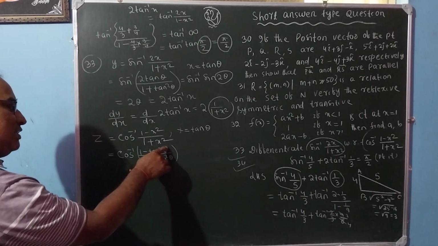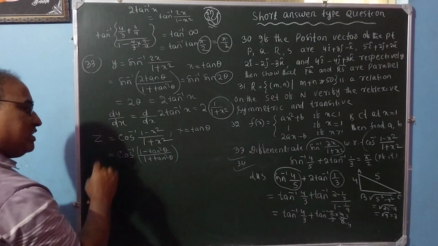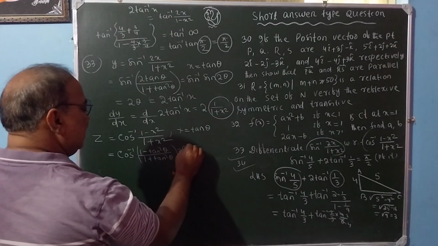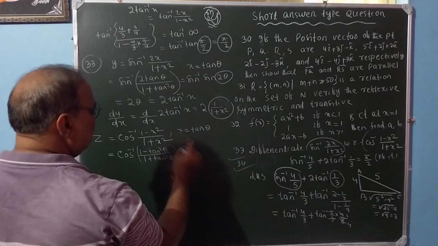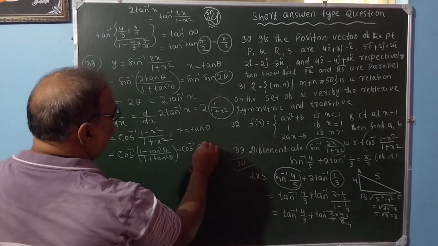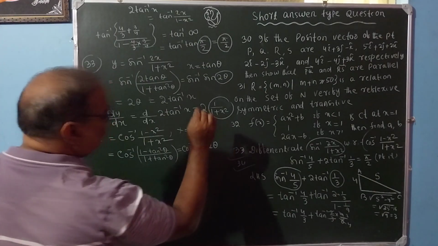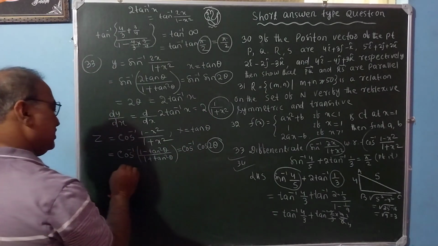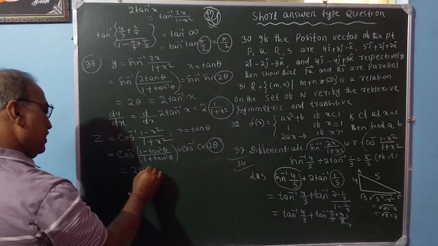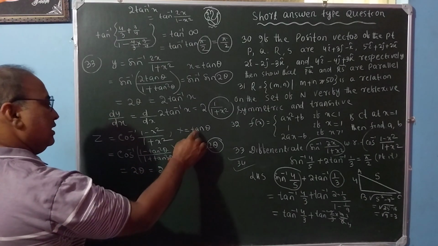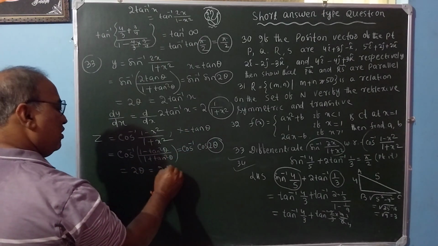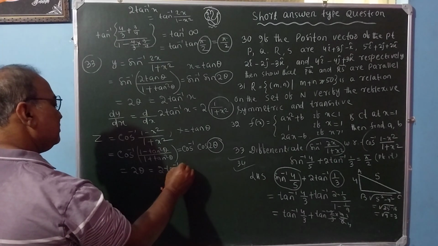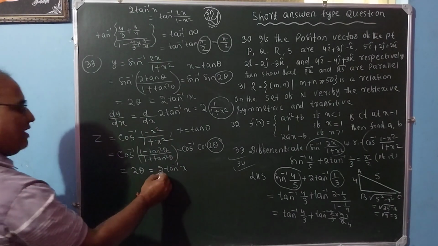So 1 minus tan square theta divided by 1 plus tan square theta, that is cos 2 theta. Cos inverse of cos 2 theta, that is 2 theta. Here it is 2, and in place of theta, tan inverse x. So z is the same as this.